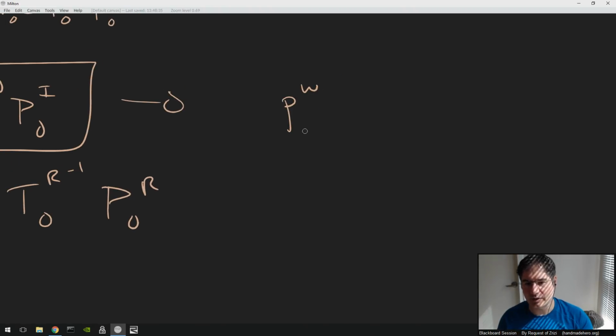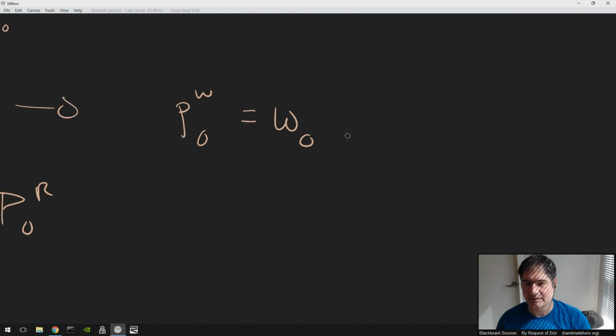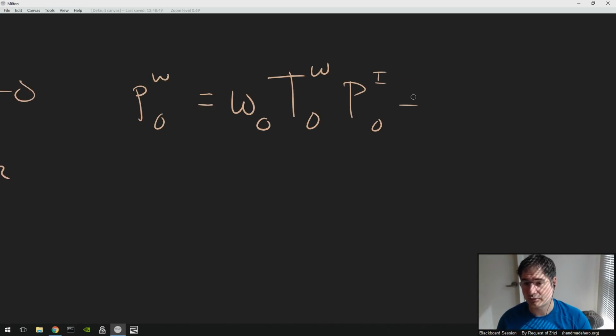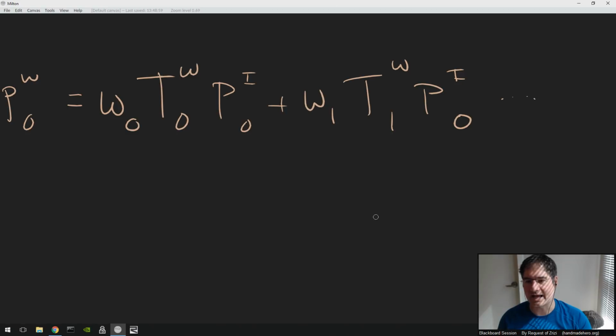So P0 in world space is going to equal some weight times T0 in world space times P0 internal, plus some other weight times some other bone in world space times its internal storage, dot, dot, dot.